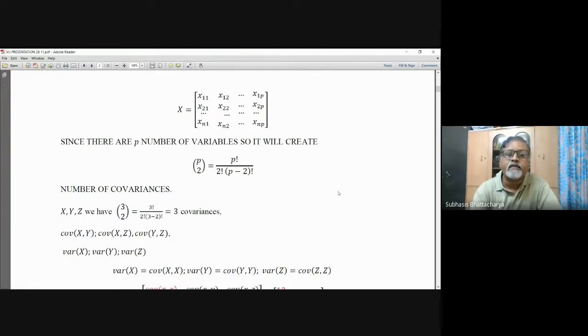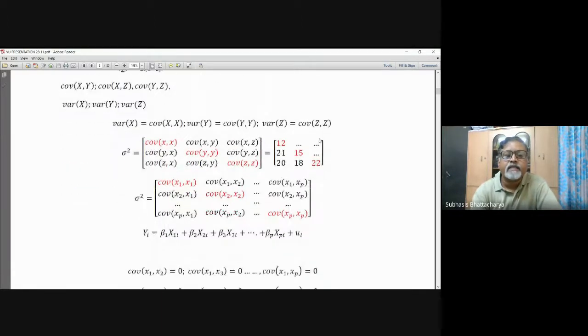So if I construct the variance covariance matrix, that is this sigma square, the diagonal elements are the variance of x1 and the variance of x2 and so on. In this way it is running, and the off diagonals are the actual covariances.